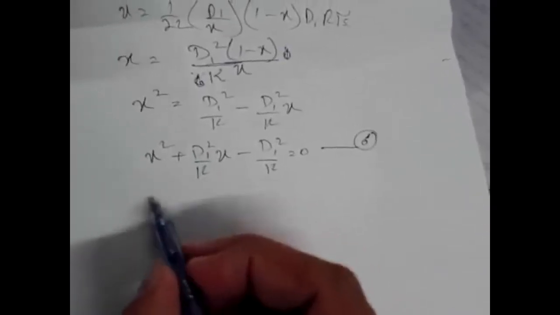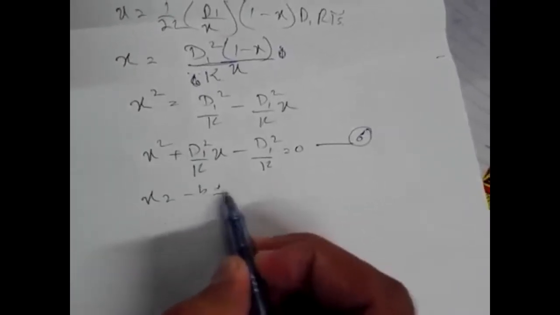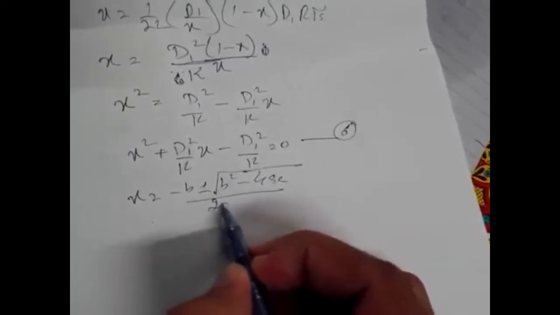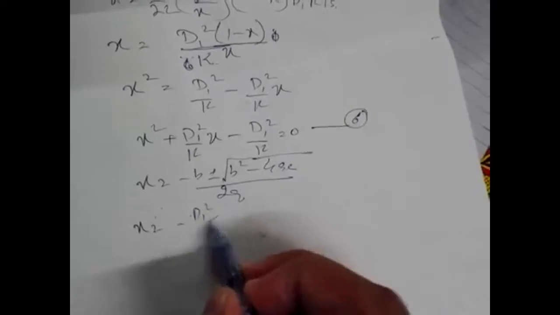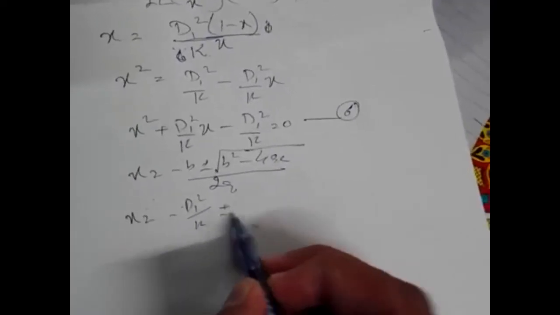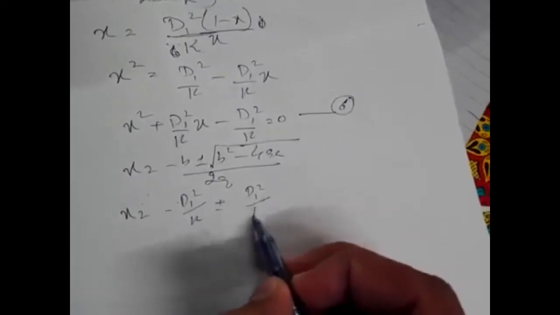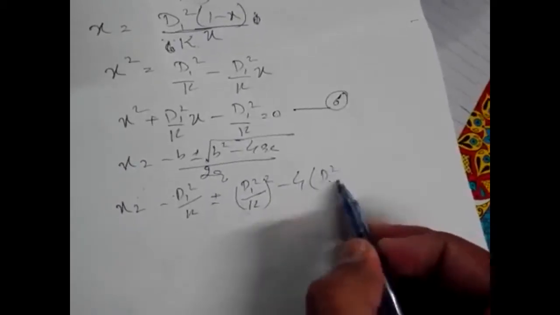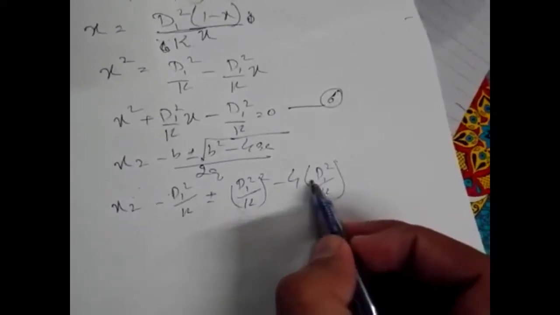So now simplify it by using minus b plus or minus the square root of b square minus 4ac, divided by 2a. Simplifying it, putting d1 square by K, minus d1 by K whole square, minus 4 d1 square by K, divided by 2.